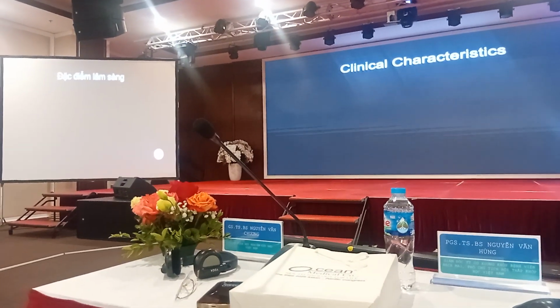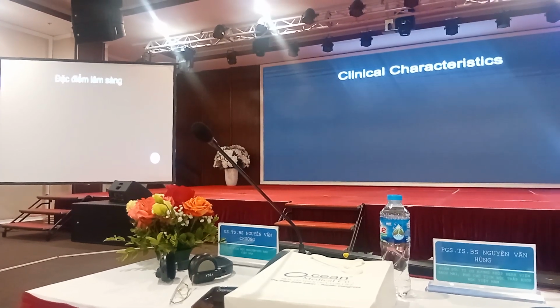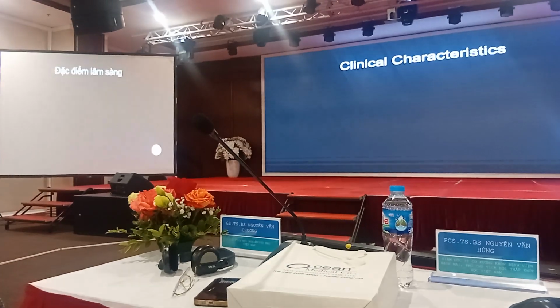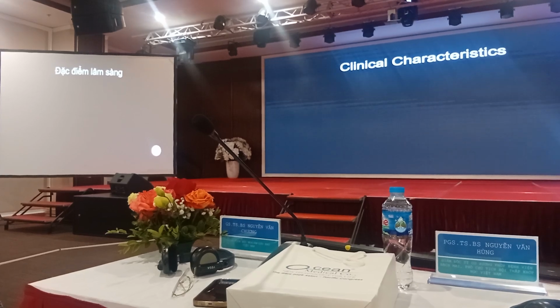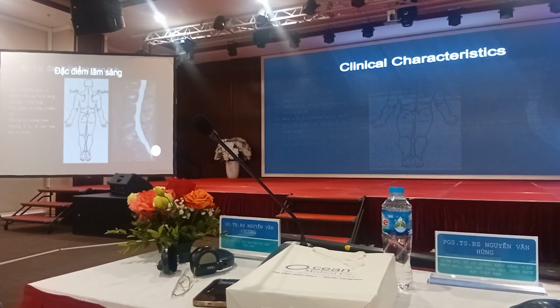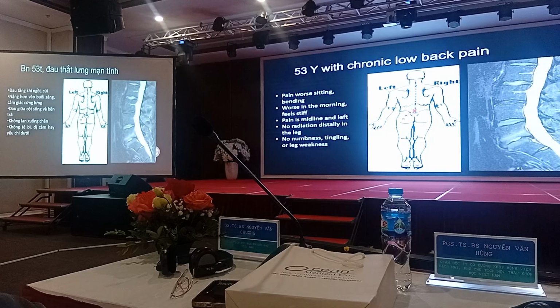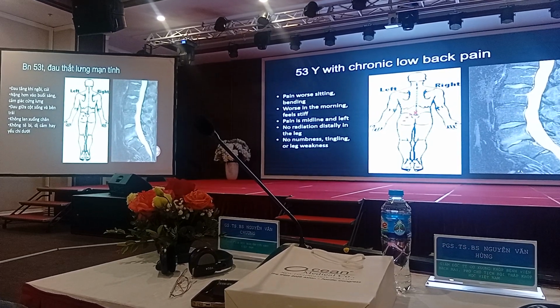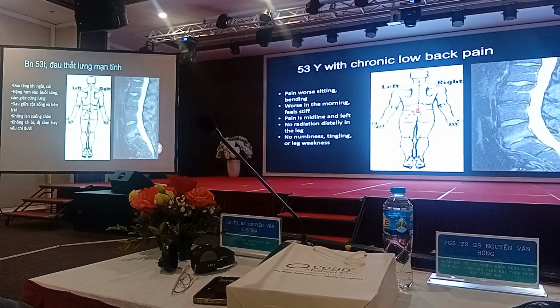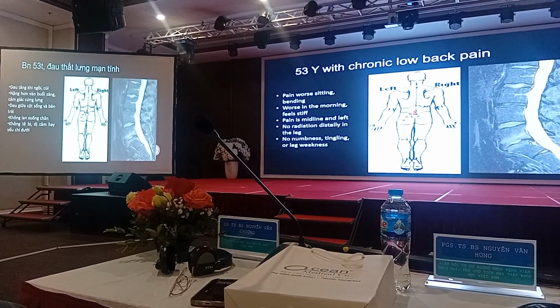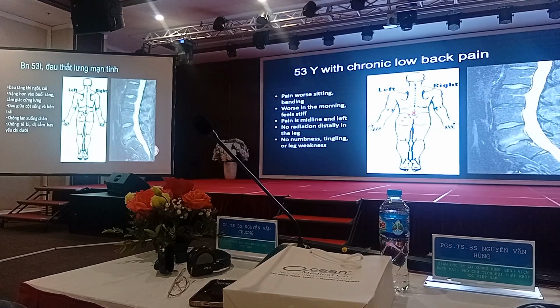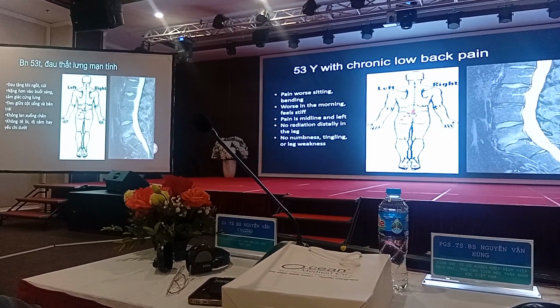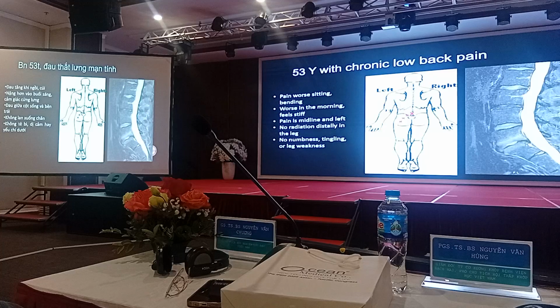Okay, so let's cover clinical characteristics. And this also becomes very important, as this has not really been well defined. Okay, so this would be a typical patient. This is actually someone that I saw recently who went on and had treatment for this condition. 53-year-old patient with chronic axial low back pain. It's worse when he's sitting or bending, so flexion-based pain.